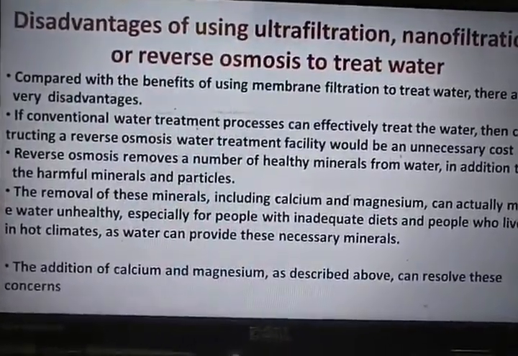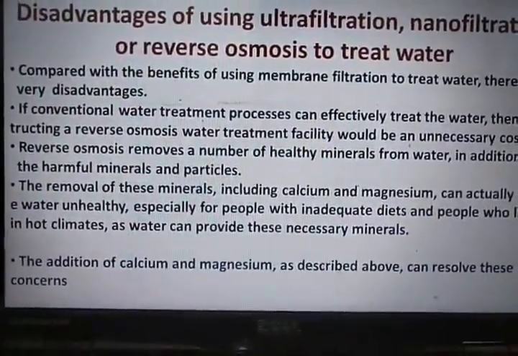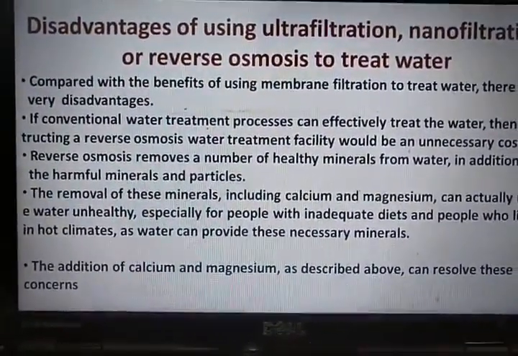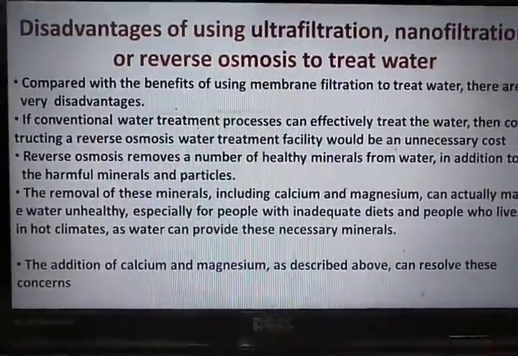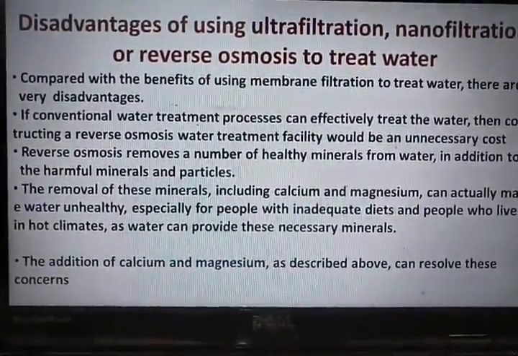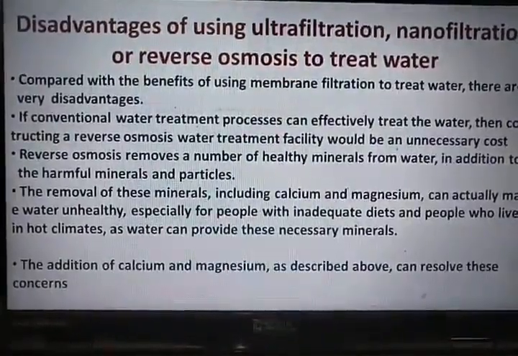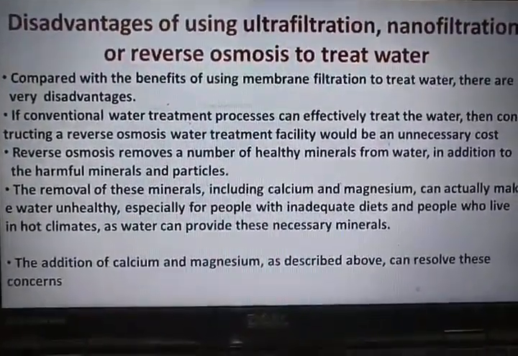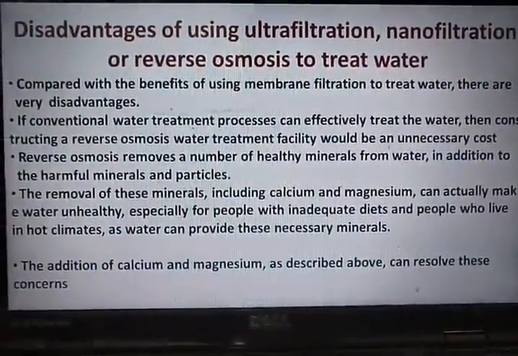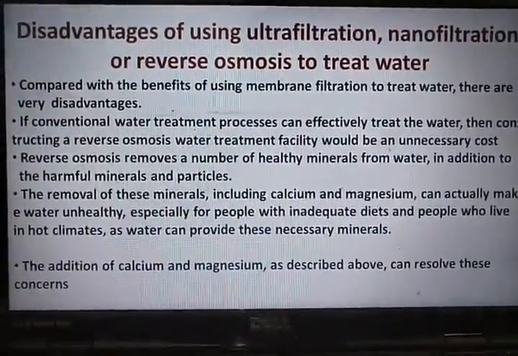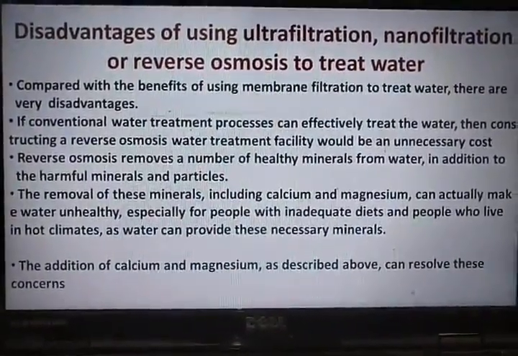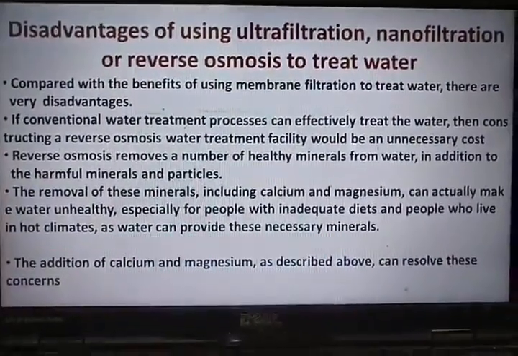To avoid this problem, we can pass the reverse osmosis treated water onto beds of calcium and magnesium. These membrane processes also tend to be costly, and require maintenance and labor.